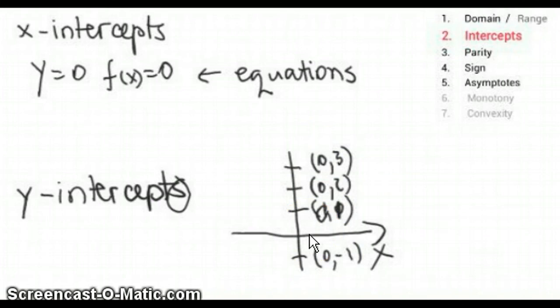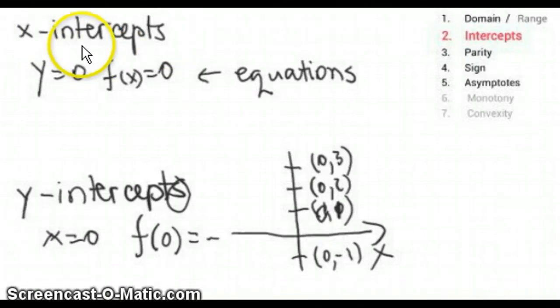So to find the y-intercept, you make x equals 0, and you substitute it in the function, which usually is f of x. So instead of x, I'm going to write 0. So you calculate f of 0, and you get the y-intercept. So to recap, to calculate the x-intercept, you have to make y equals 0. To calculate the y-intercept, you make x equals 0.